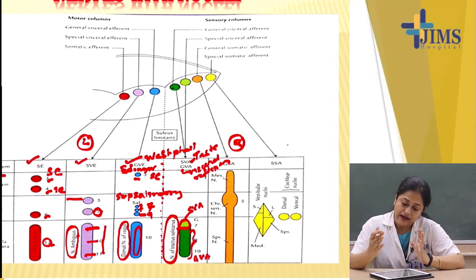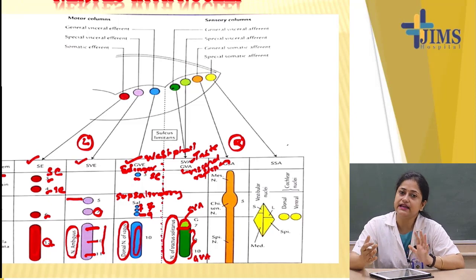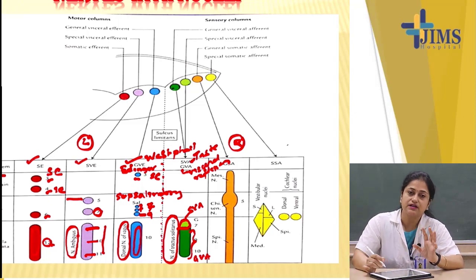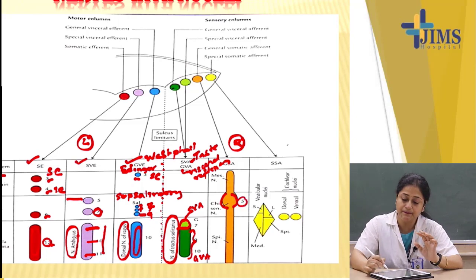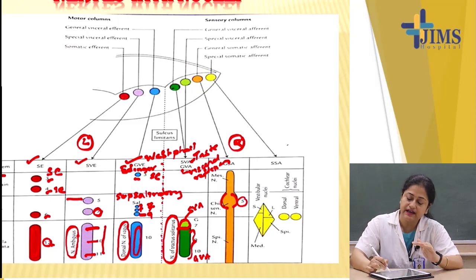Next is general sensory afferent, that is touch, pain, temperature sensation. It was concerned with 5, 7, 9, 10. Now, 5 is located in the upper part of pons, which is known as the principal sensory nucleus of the trigeminal nerve. And from the lower end of this principal sensory nucleus, you see an elongated nucleus going down.